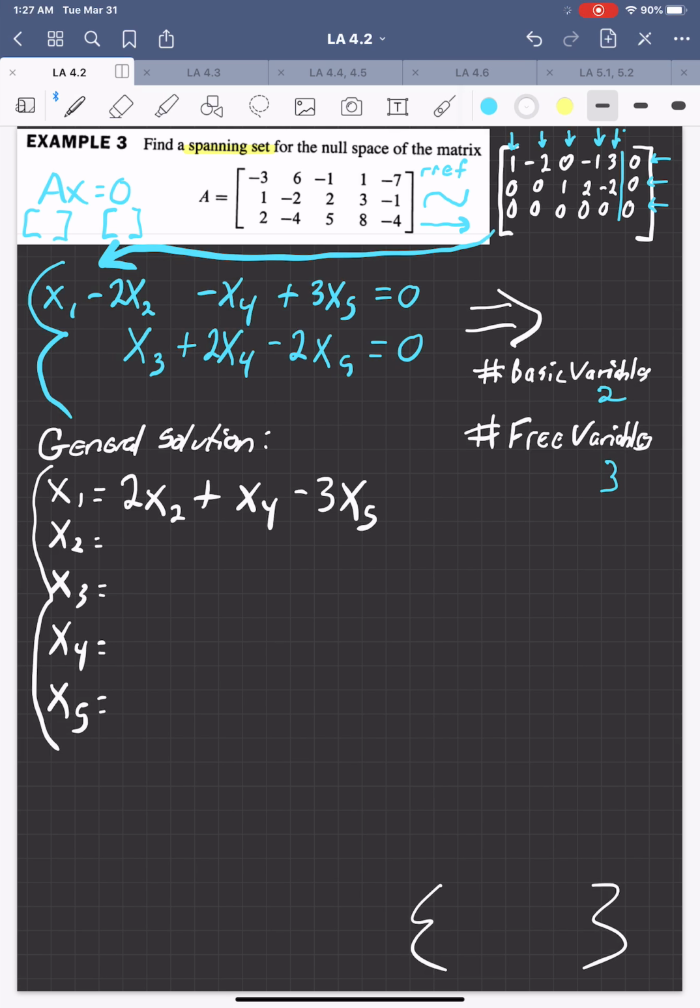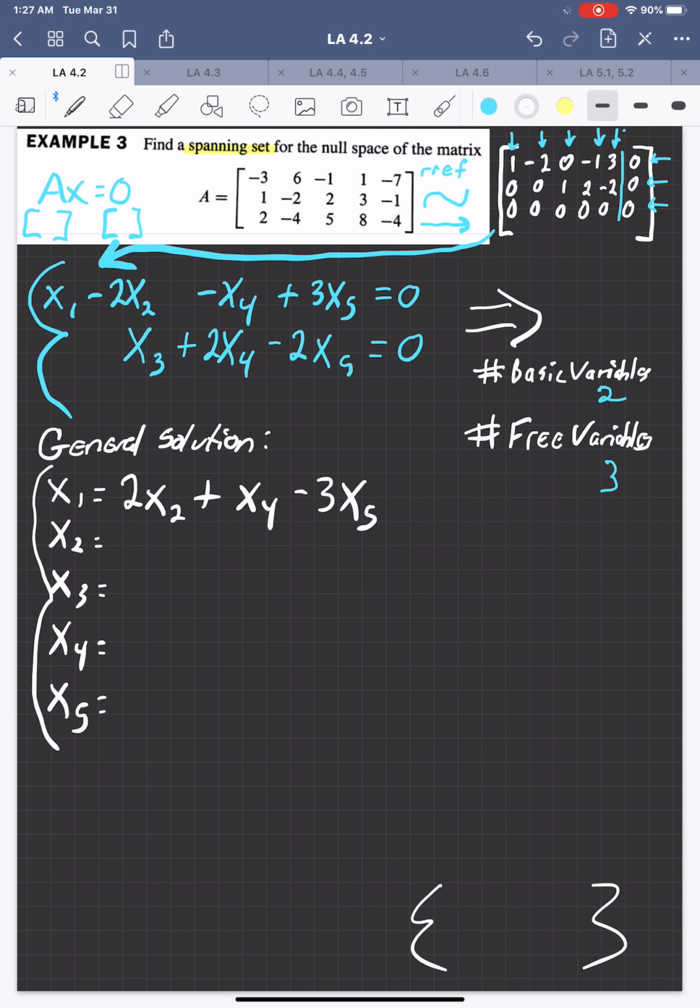All right, now let's take a look at the second equation. Notice in the second equation there is no x sub 1, there's no x sub 2. So I'm going to solve this second equation for x sub 3.